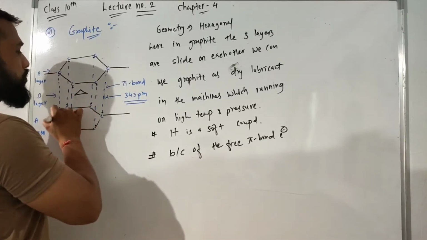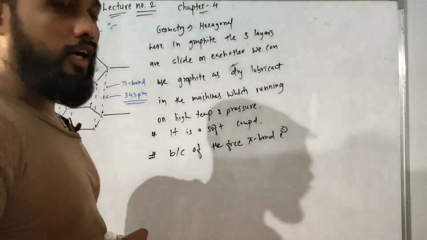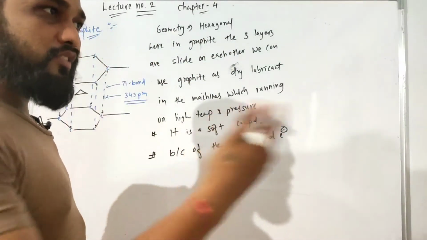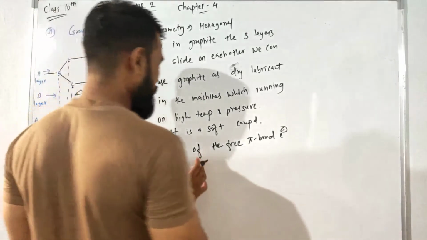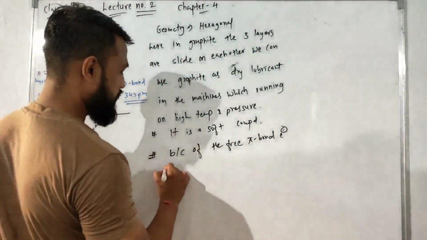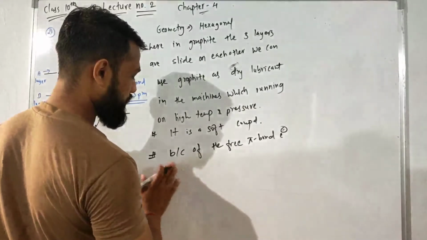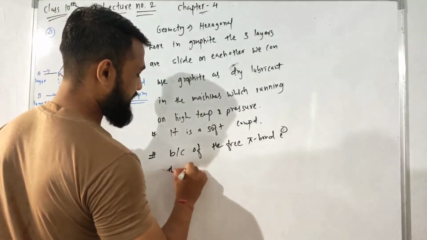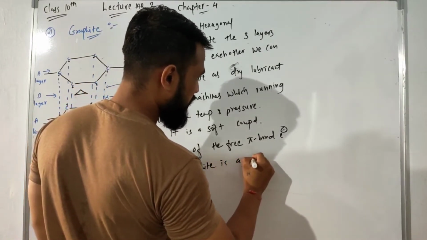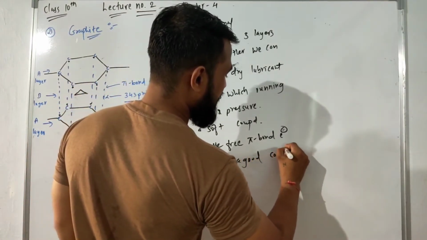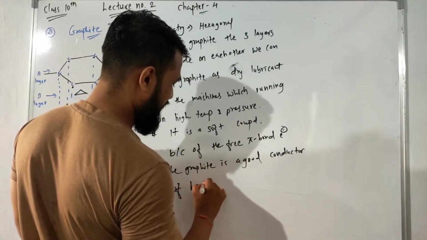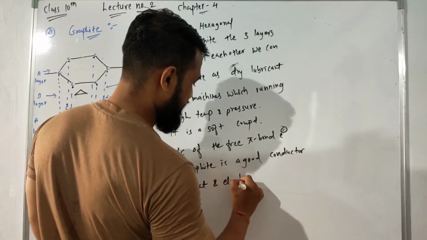So these free electrons are mainly used to transfer heat and electricity. So we can say that because of free pi bond electrons, graphite is a good conductor of heat and electricity.